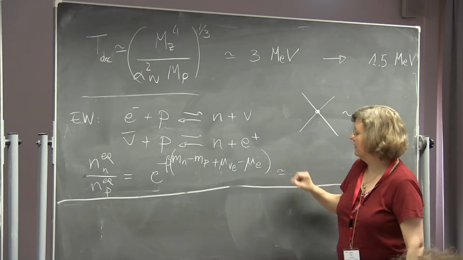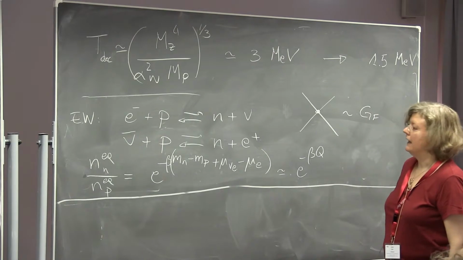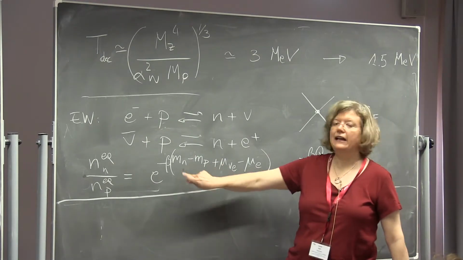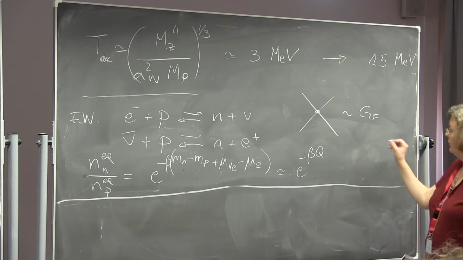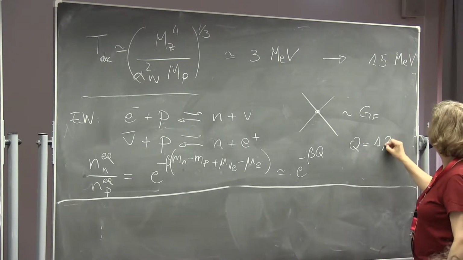So what you have is that this depends only on the mass difference between the neutron and the proton. And that is exactly the equilibrium consideration. Of course, the neutron is slightly heavier than the proton, so you have a suppression on the number of neutrons. If you compute Q, which is the delta M, it is on the MeV scale.